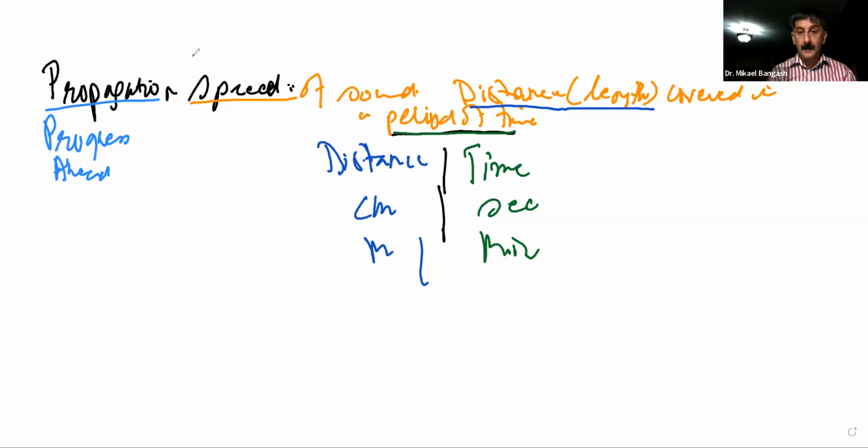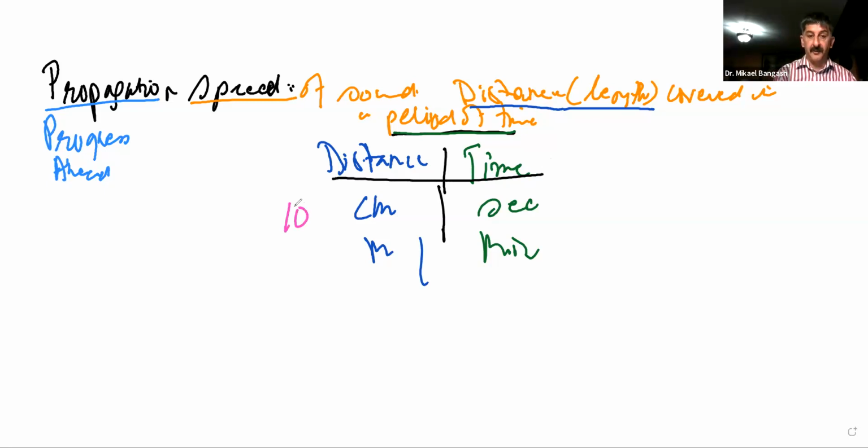Now, as I have mentioned, that's going to be the unit: any unit of distance per unit of time. Clear? Now, whatever the speed is, that could be a number. We can say 10 centimeters per second.